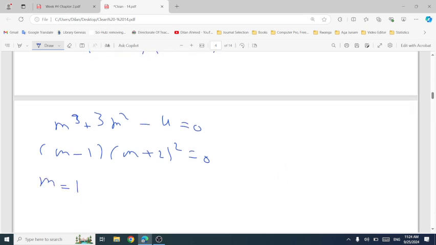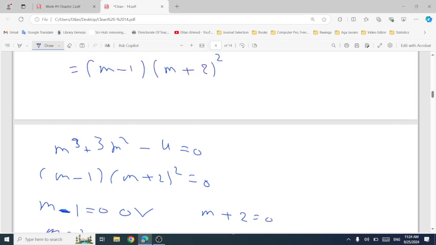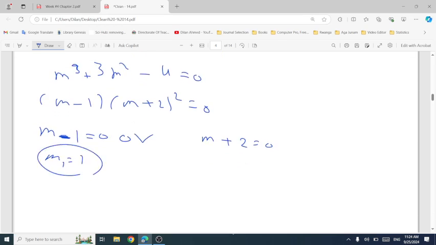M equal to 1 or m plus 2 equal to 0. The first I'll call M1, or M minus 2, am I right?